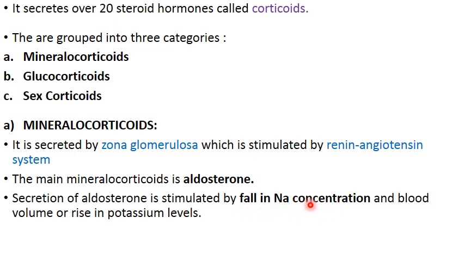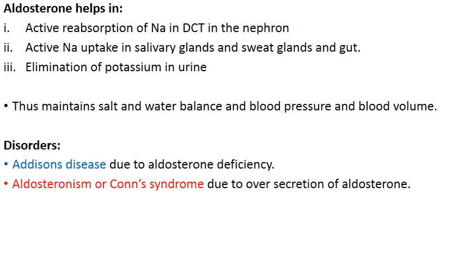So secretion of aldosterone will be stimulated when there is a fall in the sodium concentration. अगर sodium concentration में fall है तो blood volume भी कम होगा. So there will be a fall in the blood volume and there will be a rise in the potassium levels. Now how is this aldosterone going to help in this? You have already read in your excretory system कि sodium का reabsorption होगा actively in the DCT, in the nephron.